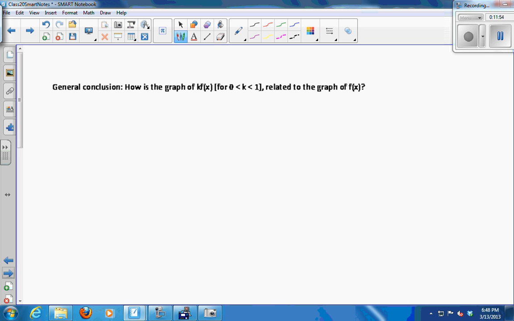In general, when you multiply a function outside by k, if that k is a fraction, like between 0 and 1, like 1/2 or 1/3 or 3/4, you cause a vertical compression.